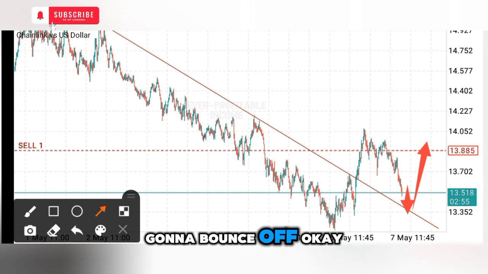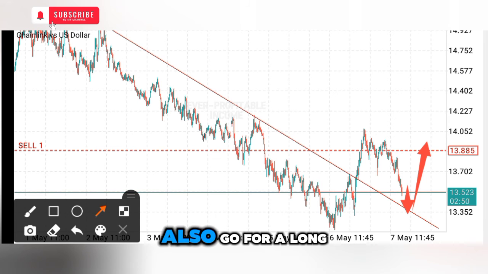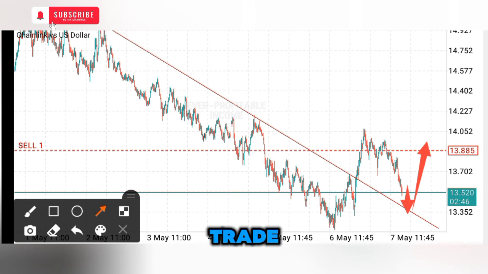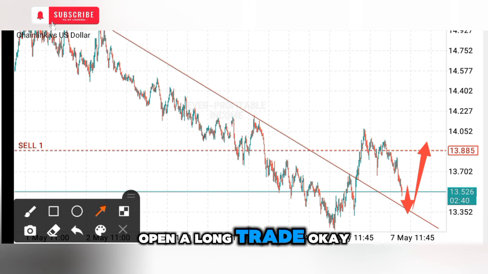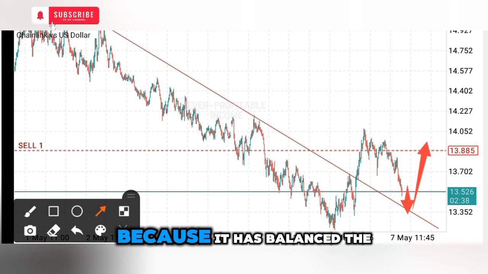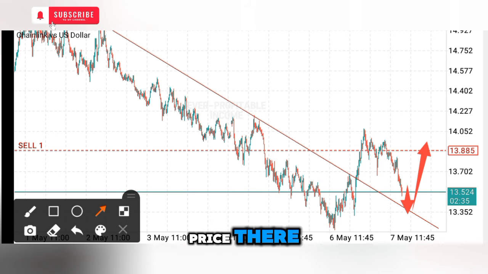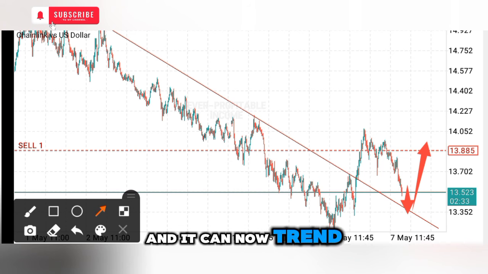It's gonna bounce off. At that point, you can also go for a long. You can open a long trade, because it has balanced the price there and it can now trend up.